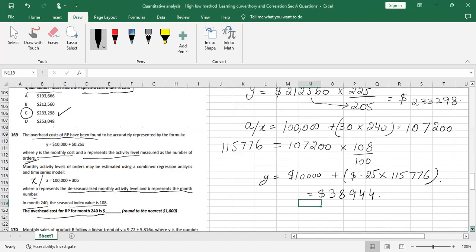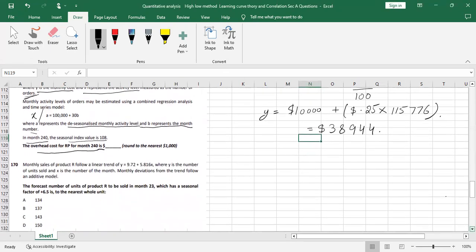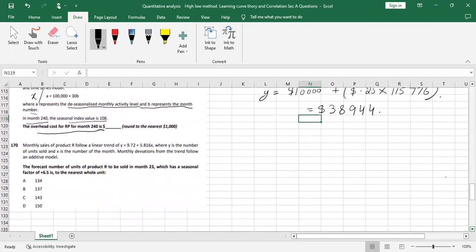Right. Now I am moving to the last MCQ related to this correlation, seasonal adjustment. Monthly sales of product R follow a linear trend of Y is equal to 9.72 plus 5.816x, where Y is the number of units sold, X is the number of months.